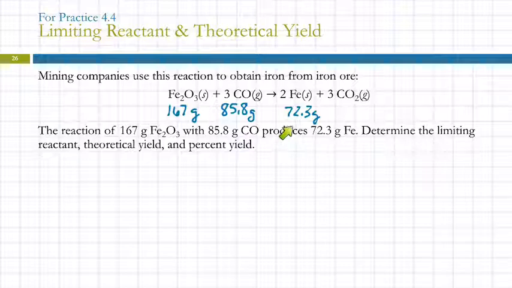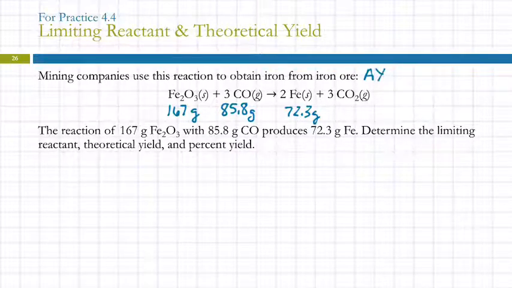Is this the theoretical yield? That's the actual yield. Because this is saying this amount of that and this amount of that produces this. You have to be given the actual yield. So this is the actual yield. So let's maybe move it over here.